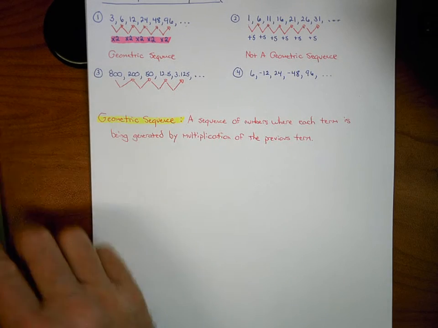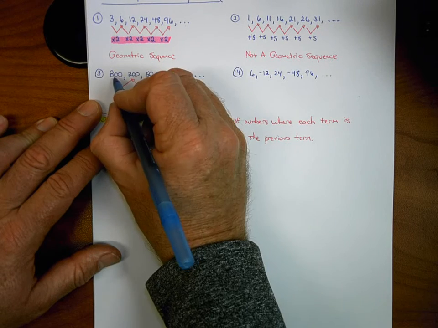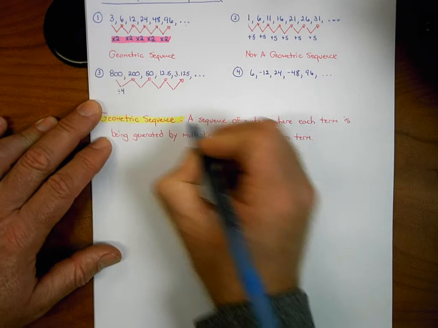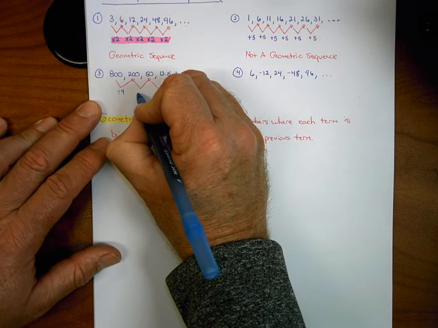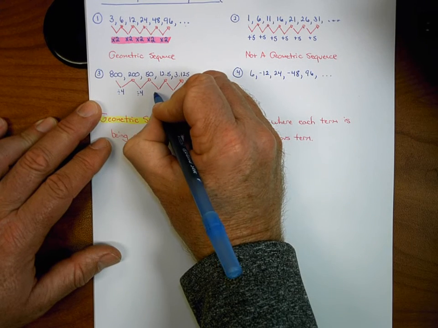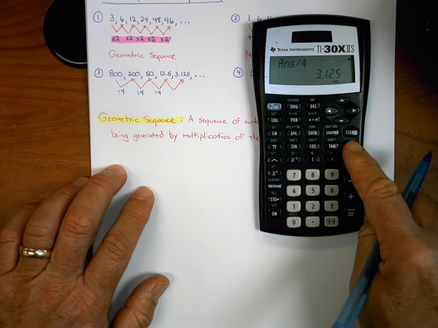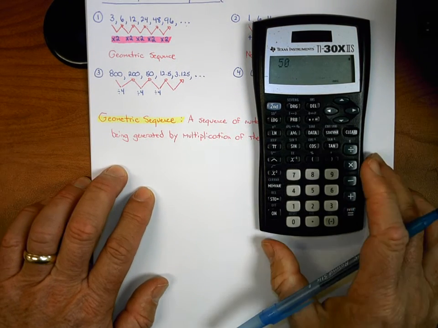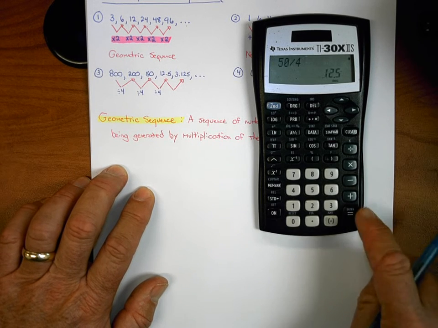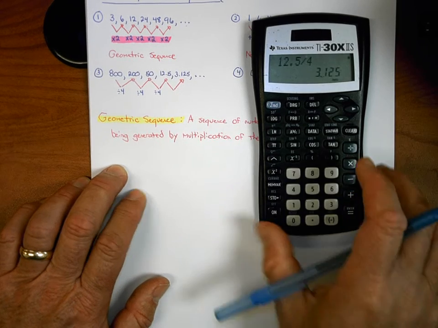Now some people would say, oh, Mr. Trutna, this is super easy. To get from 800 to 200, you divided by 4. To get from 200 to 50, you divided by 4. To get from 50 to 12.5, you divided by 4. If I use a calculator right here, 50 divided by 4 is 12.5. 12.5 divided by 4 is 3.125.